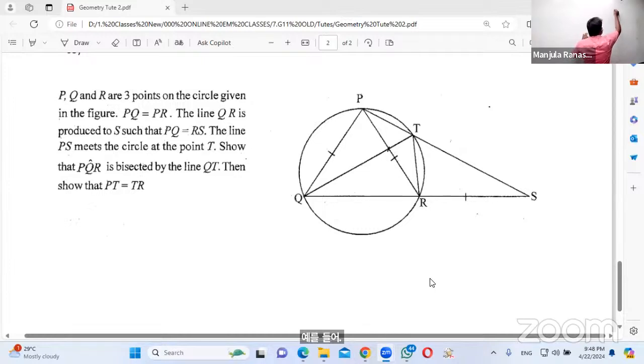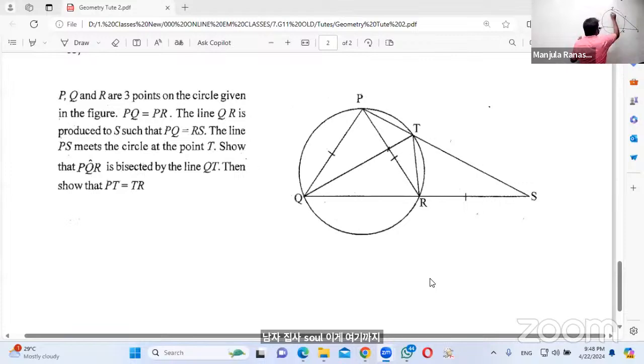See the question. There is a circle given. You can see PRT, PR, and that is extended to S. And here TP is the intersecting point.